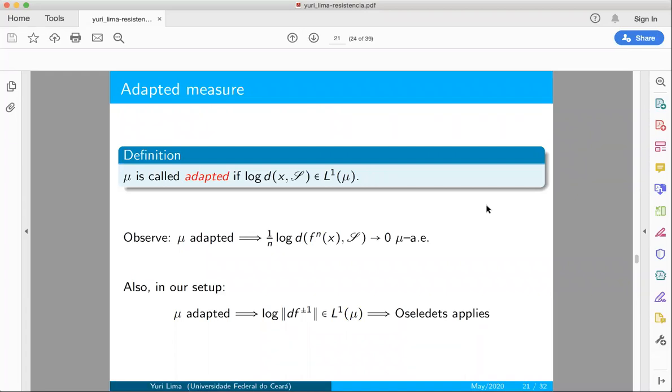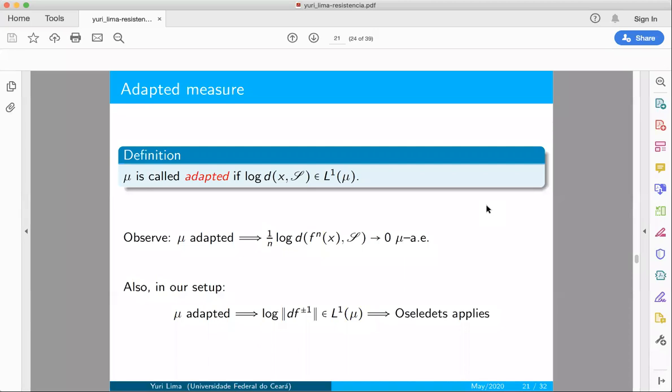And so we can apply Oseledets' theorem. And finally, we could, for instance, say what is Lyapunov exponent, claim that they exist almost everywhere, and so on. So it seems that this adaptability condition is the good definition in terms of measures for considering inside the coded set M0, and also in our context.